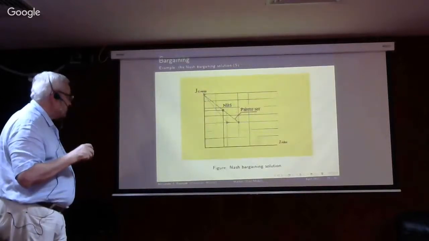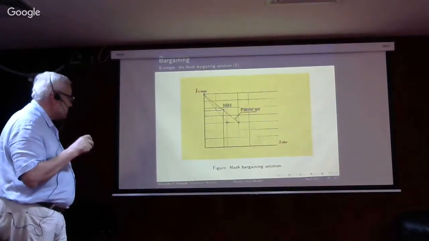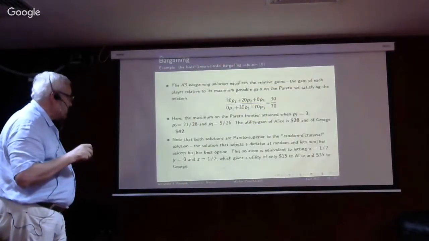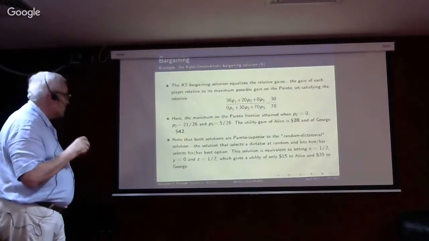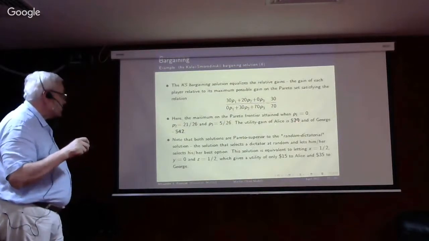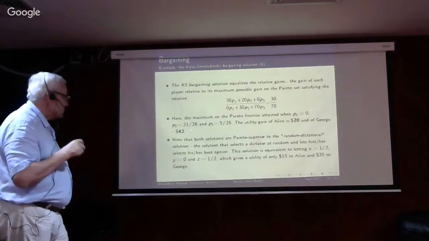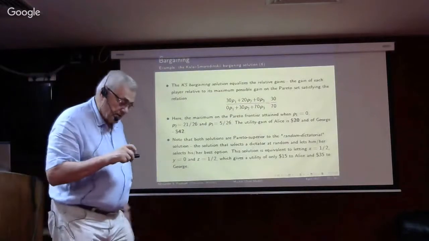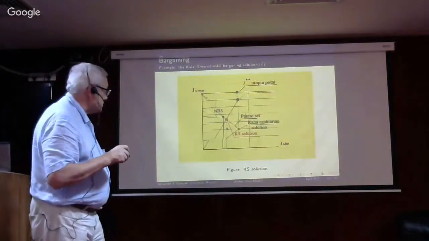But if we apply the same with Kalai-Smorodinsky, this relation, another formula, Alice will win 20 and George 42. So these are examples that they are different.